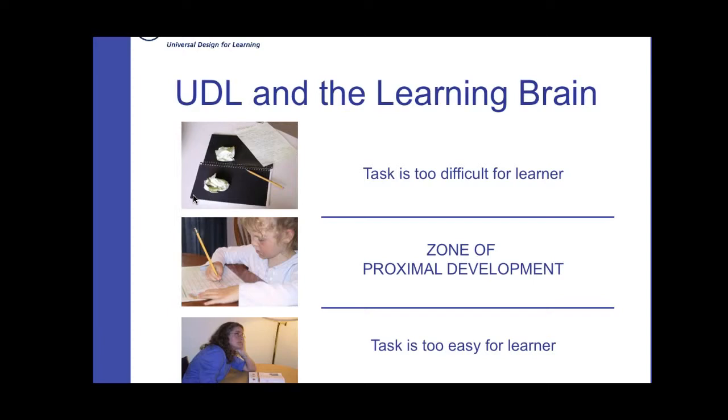Remember that? Remember Vygotsky? So if we're giving things to kids that hit the sweet spot, it's not frustrating, the first one, or the task is too easy, the last one, then what we're doing is we have engaged the learner in a task that they can work their way through.